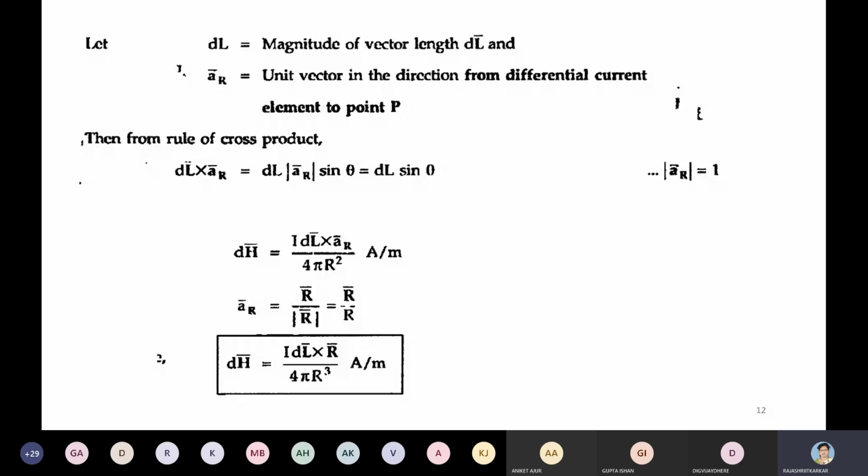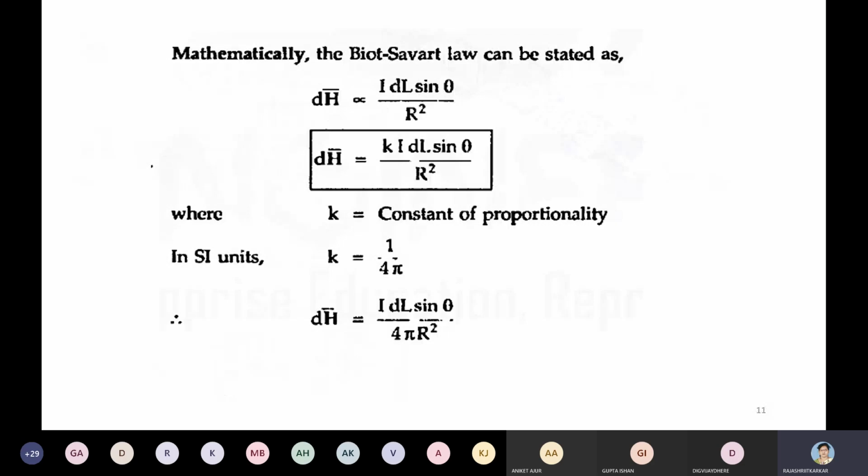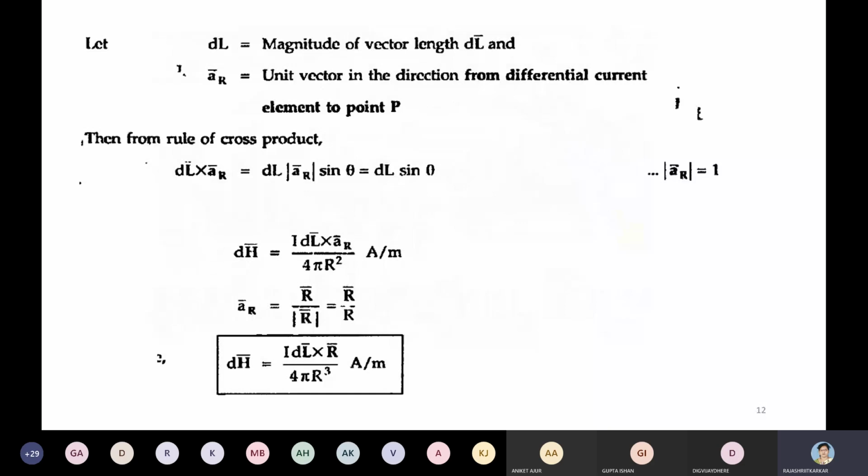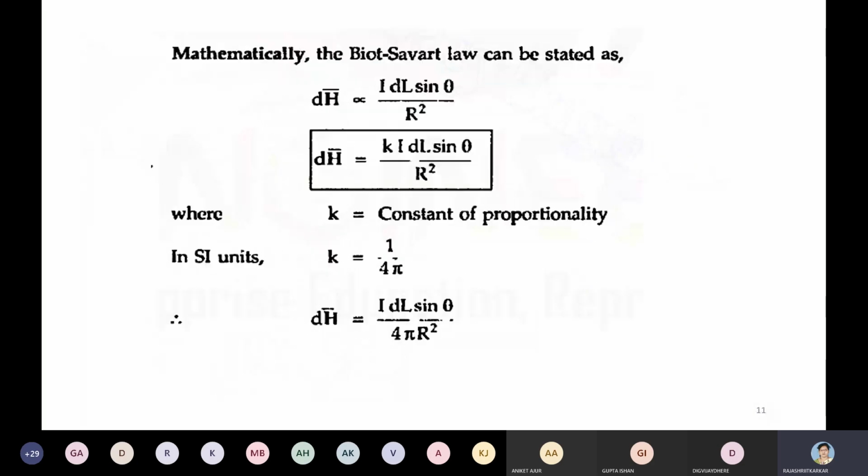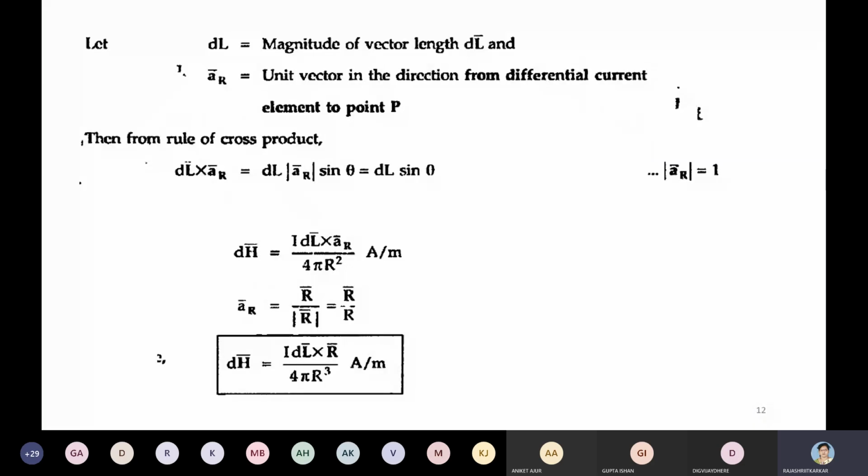So what we have done is, we have substituted dl sine theta by dl bar ar bar. So we have I dl sine theta upon 4 pi r square, and dl sine theta will be replaced by dl bar ar bar. So it is I dl bar ar bar upon 4 pi r square, ampere per meter.